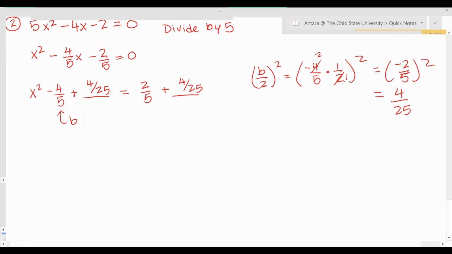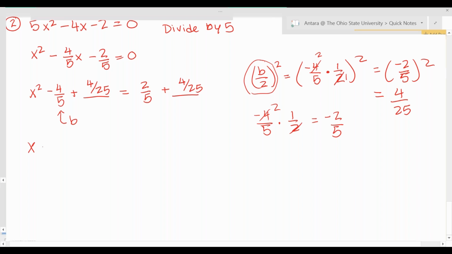Now, just like in the previous example, we have to find a quantity that can be squared to get that left side. The quantity is x plus b over 2. Here b over 2 is negative 4/5 times 1/2, which is negative 2/5.